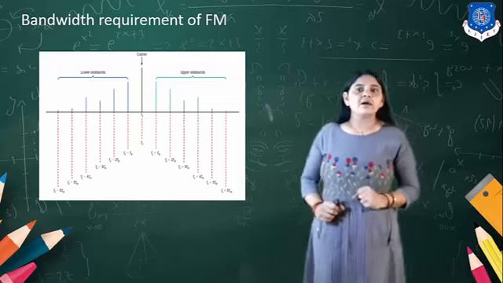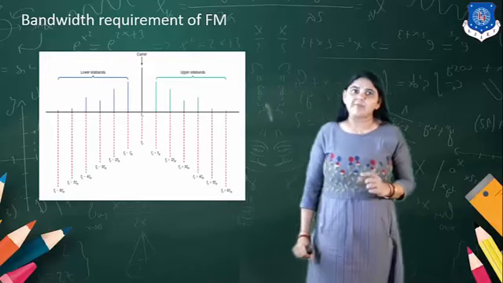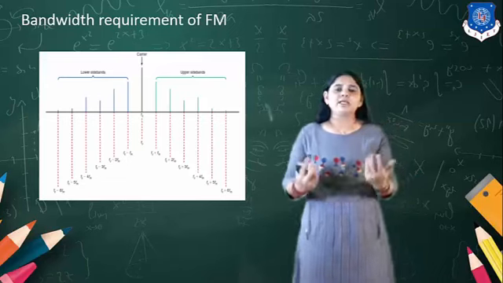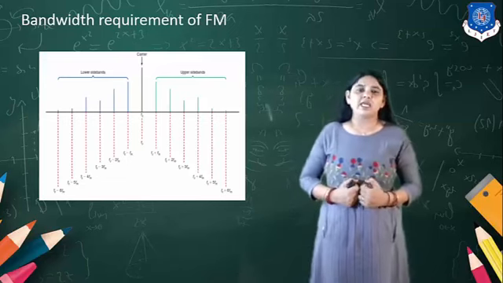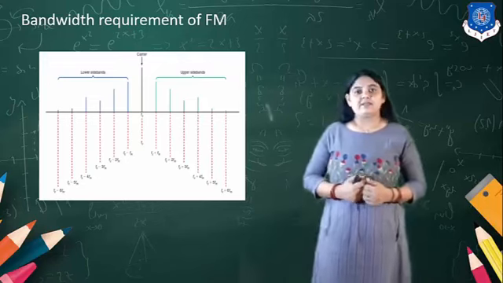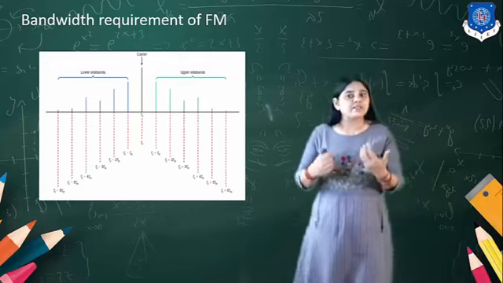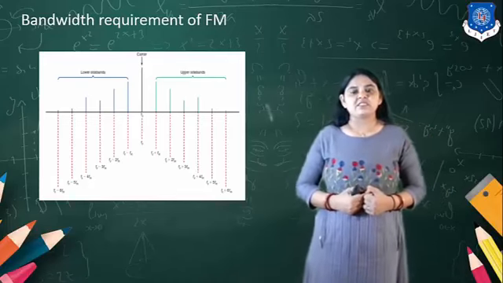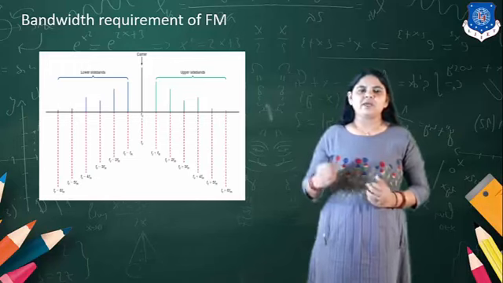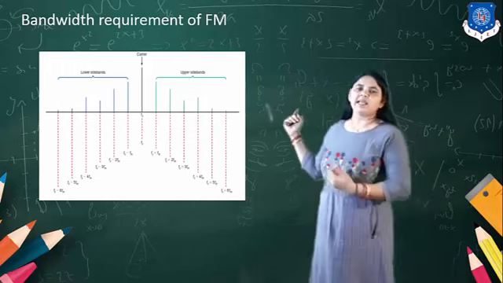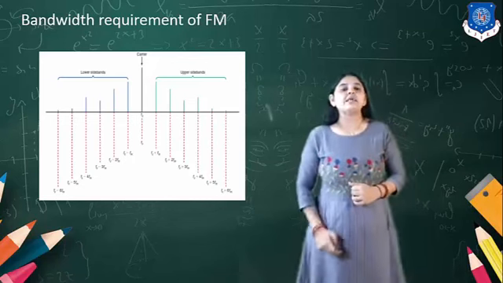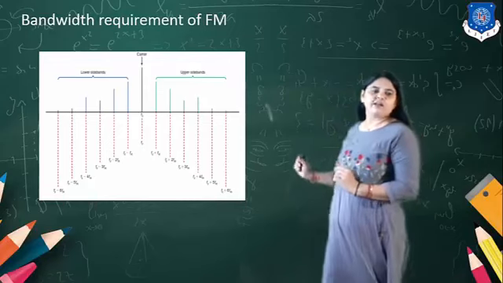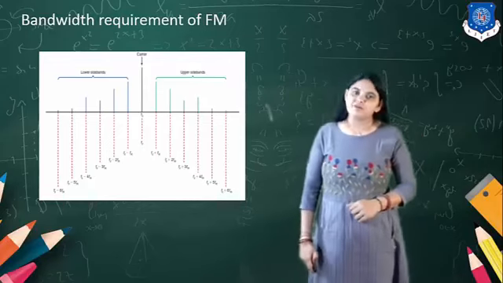You have seen the frequency spectrum of the AM wave also, and in the AM wave only two sidebands and one carrier are there, but the carrier needs the maximum power for transmitting the signal. Over here, only one carrier and with that too many sidebands are there, and all these sidebands form the one FM wave.